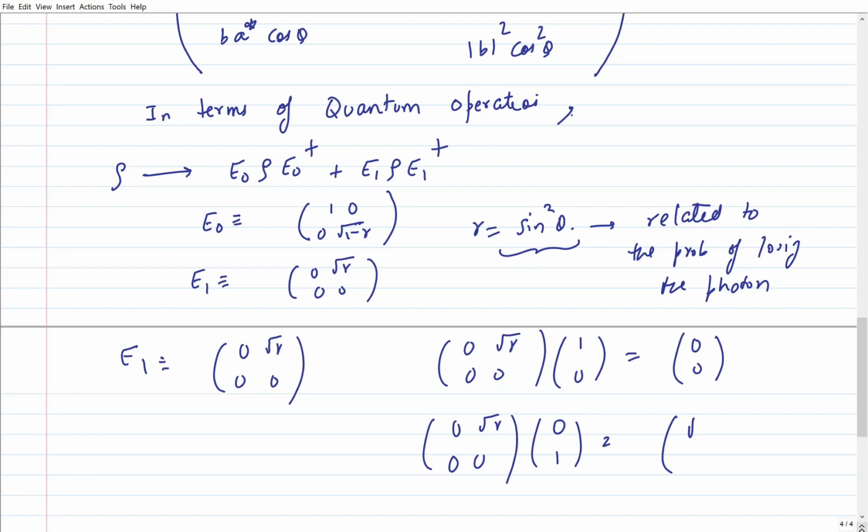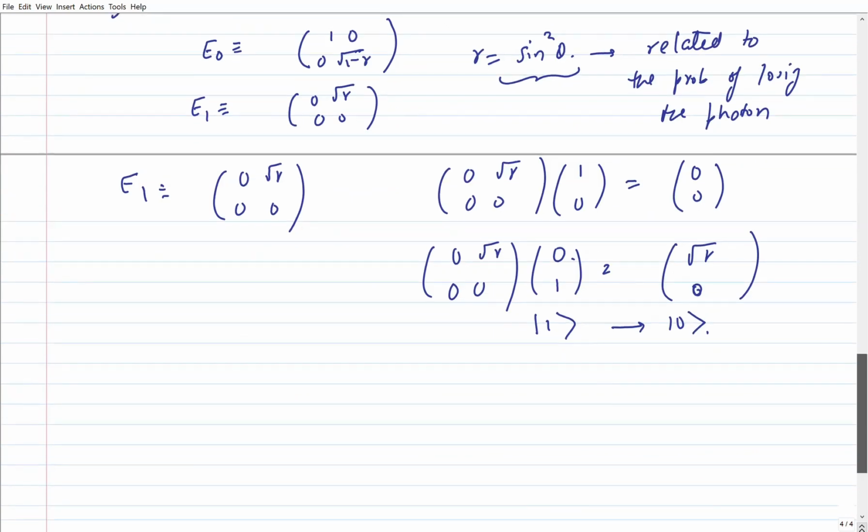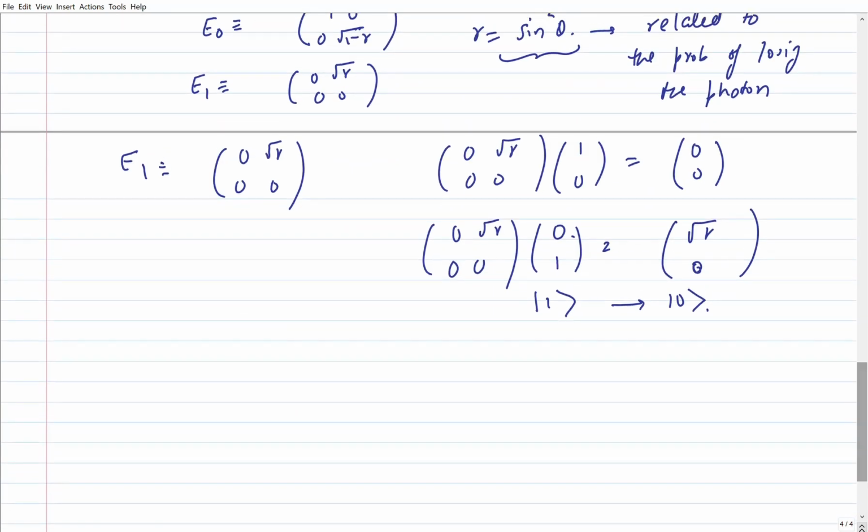It's going to reduce the amplitude. Sorry, it's going to change 1 to 0 with a certain amplitude, and it's going to destroy 0. 0 becomes the null vector.